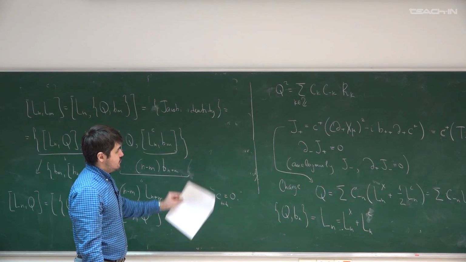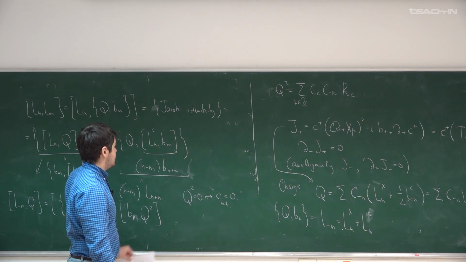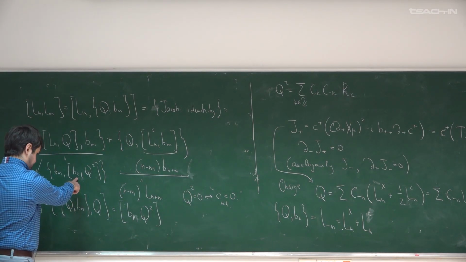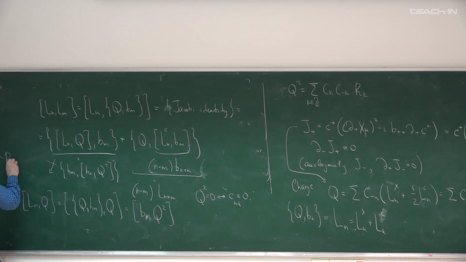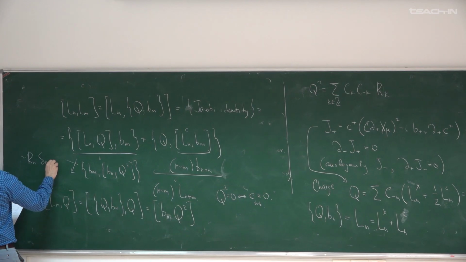In that case, you can compute the commutator twice with B, and you find that this double commutator is proportional to Rn times delta n plus m.